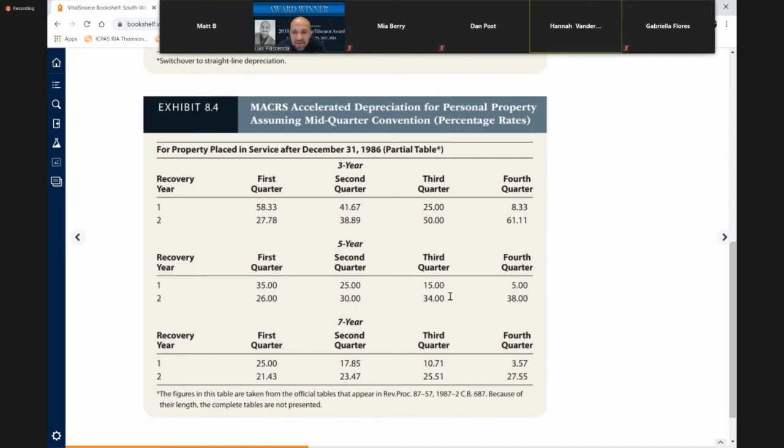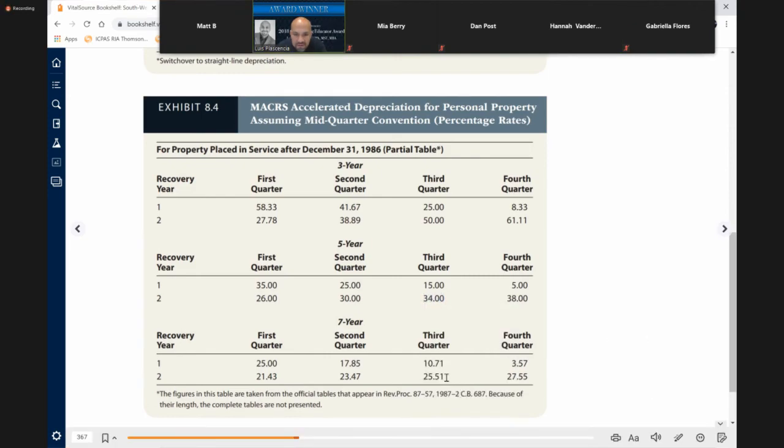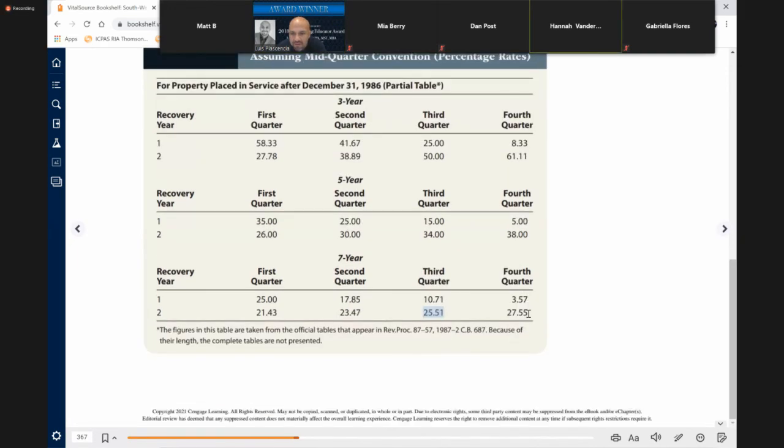Yeah, 34%, right? And what about the furniture? The 25, 27.55. Yeah, 25. Oh no, wait. Yeah, you're right, I did the 27.55. Yeah, because that was in the 4th quarter. So you just follow it straight down. That's how you would do it for that.